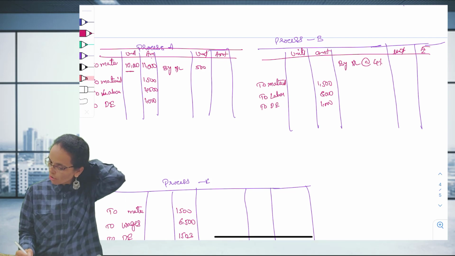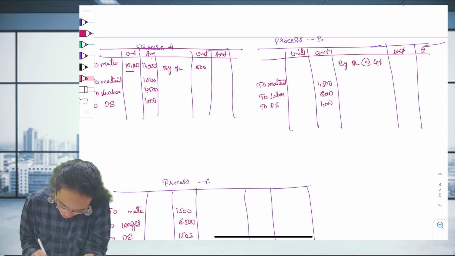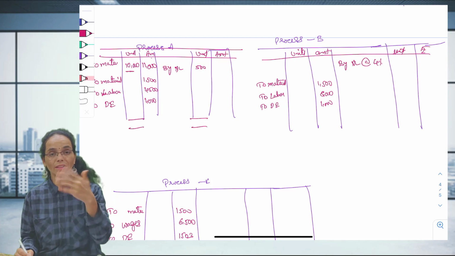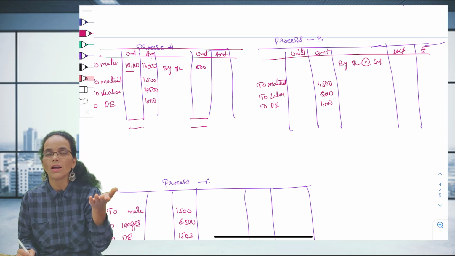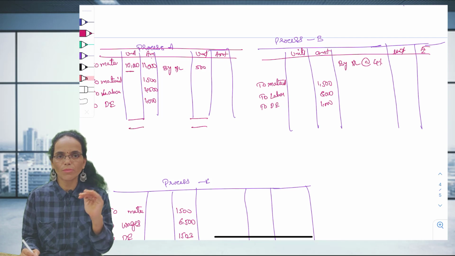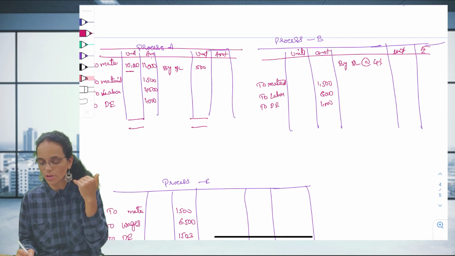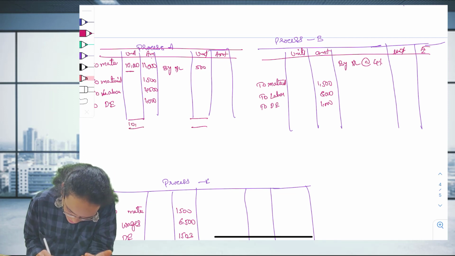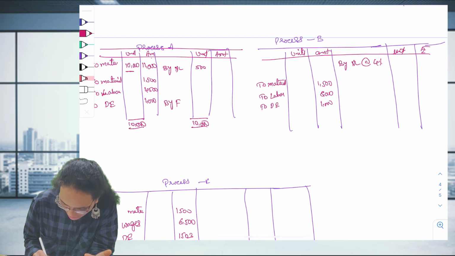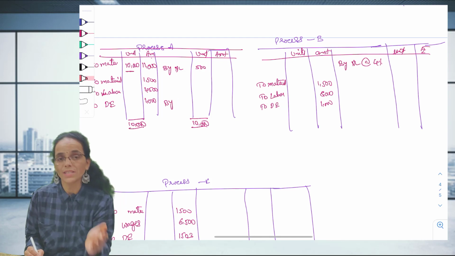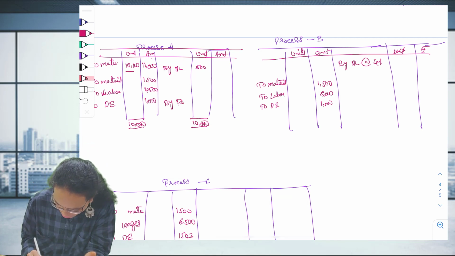So how many units in the 4%? What is the input in the second process? We don't know, so we will check it. He has given no extra information about additional abnormal loss or abnormal gain. So we assume that there is no abnormal gain and no abnormal loss. So 10,000 units less 500 gives 9,500 units transferred to process 2.